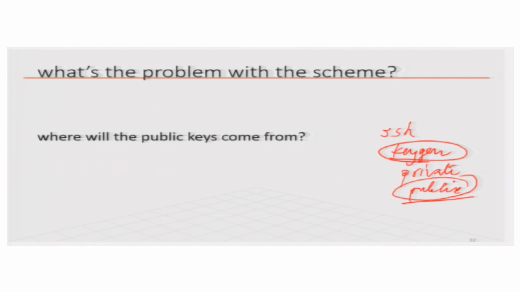The public key you have to publish or upload to, let us say, GitHub or something. This is how we actually generate the keys, but that is not the point we are discussing here. Generation of the key is not difficult.